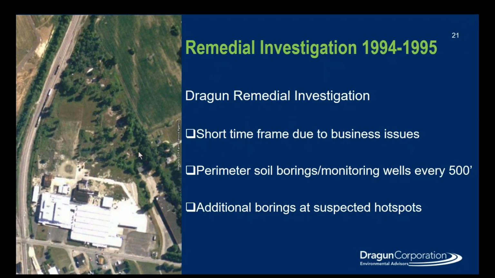So we were asked to look at this. We had a fairly short time to do it because there were issues related to costs for the sale. What we did basically was we mobilized a lot of drill rigs, a lot of people. We did perimeter borings and monitoring wells every 500 feet around the site, and we did additional borings at suspected hotspots.